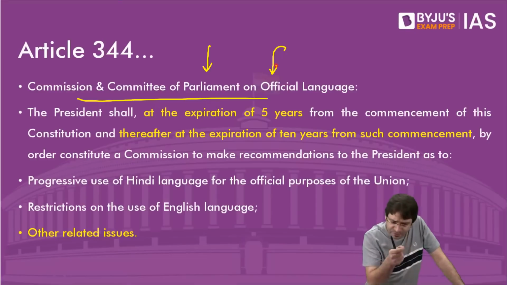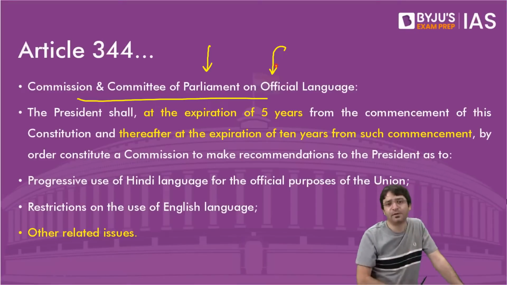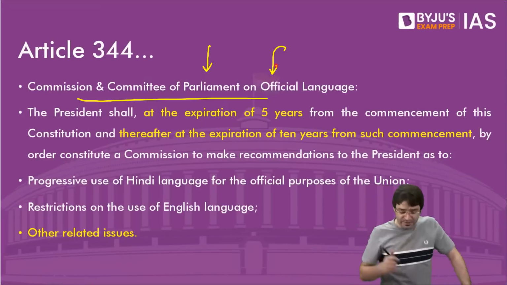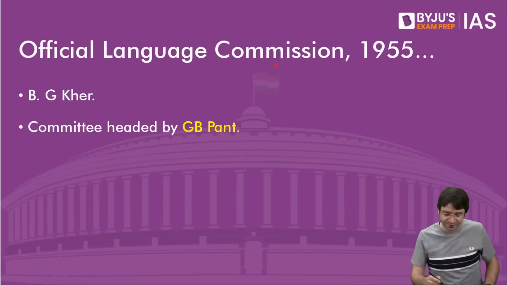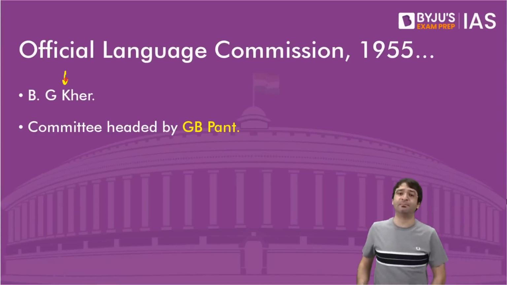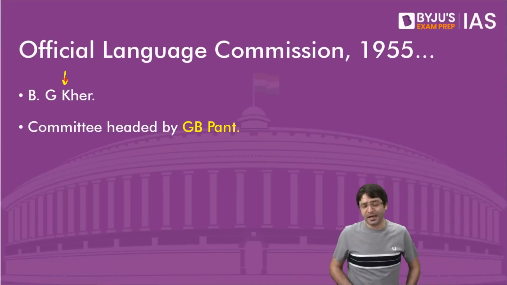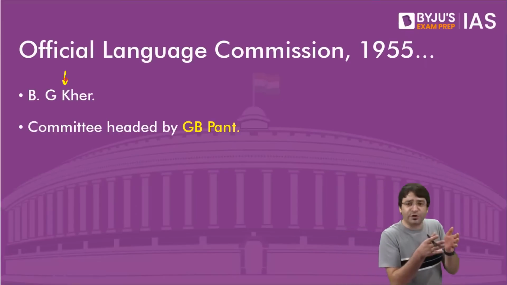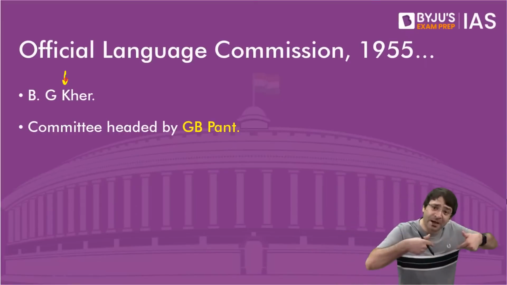And when would this commission and committee be set up? The Constitution says first in every 5 years, that means in 1955, then after 10 years, that means in 1960. A commission was set up in 1955, the Official Language Commission, which was headed by B.G. Kher. And then the report of this commission was to be looked into by the committee of the parliament.